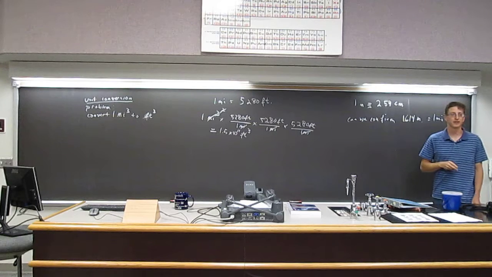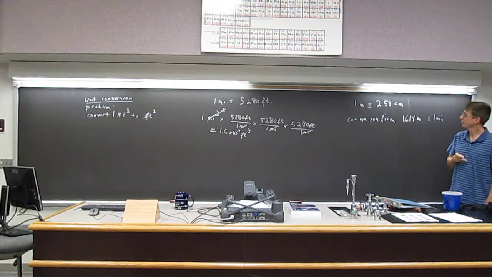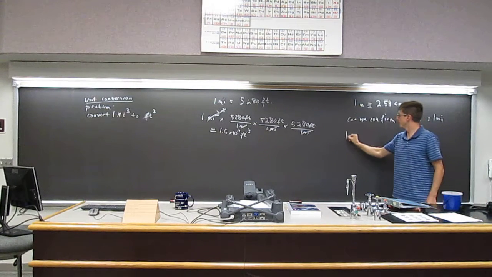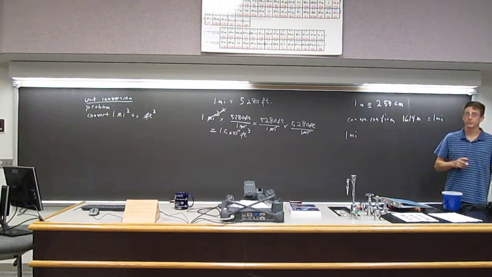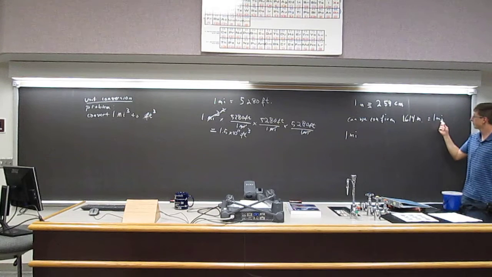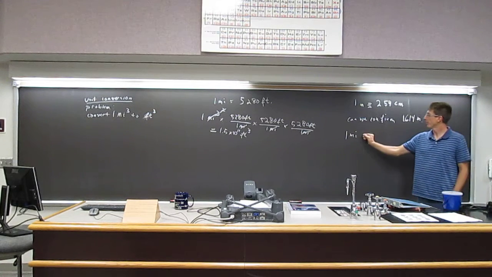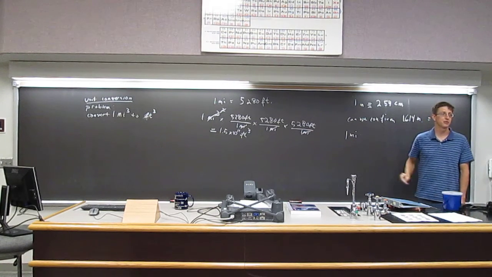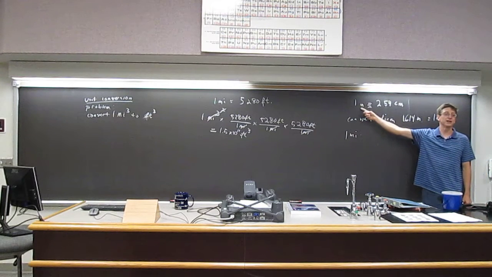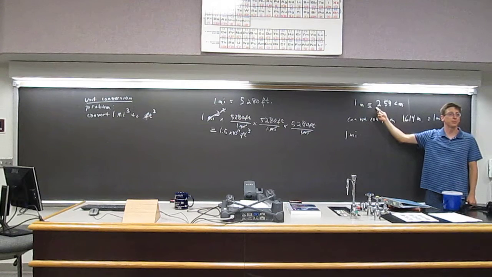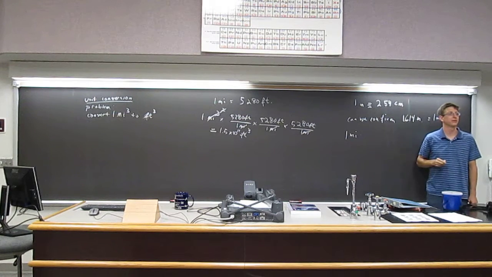So let's see if we can do that. First of all, I'm going to start at 1 mile. If I want to convert that to meters, I'm just going to multiply by 1 like I did before. First of all, I need to get down to inches so I can convert it to the metric units and then back up to meters.